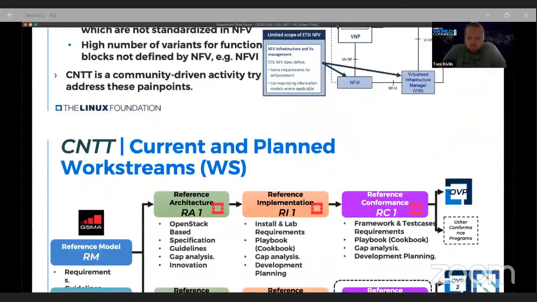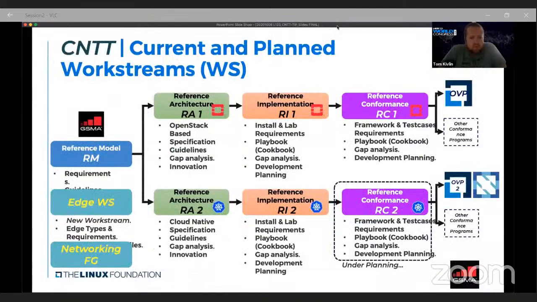The reference model was the starting point for the CNTT, and that's specifically owned and sponsored by the GSMA, and that's been recently adopted by them, and that's the source of all requirements for us, and also the Edge work stream that Ahmed mentioned, and also a networking group. They kind of feed into that reference model.